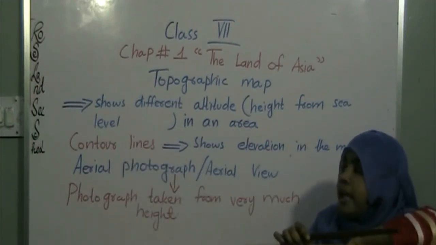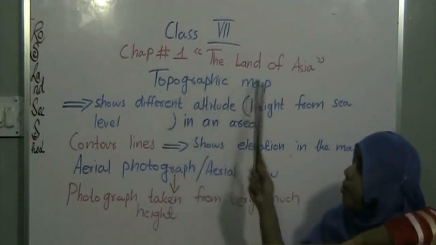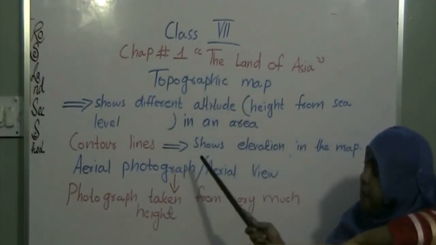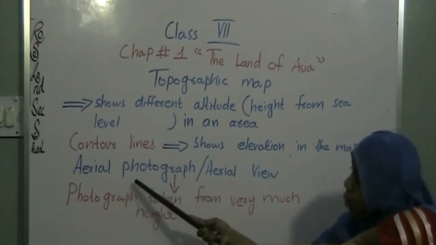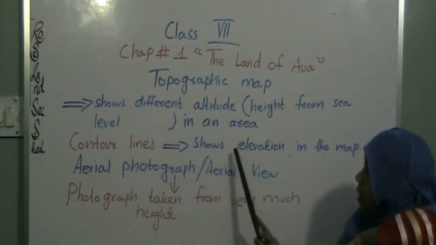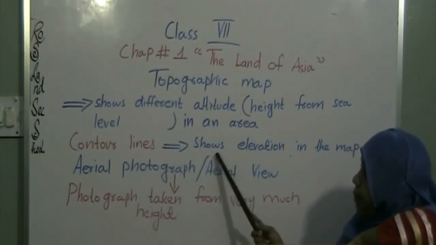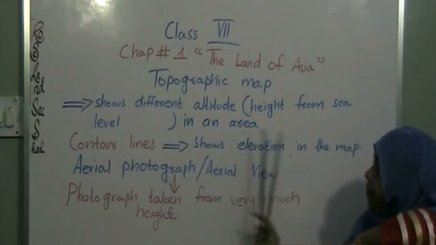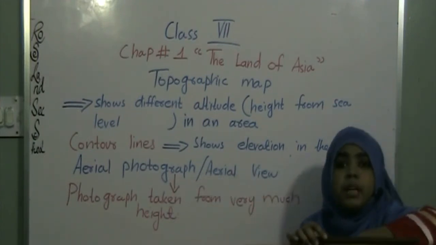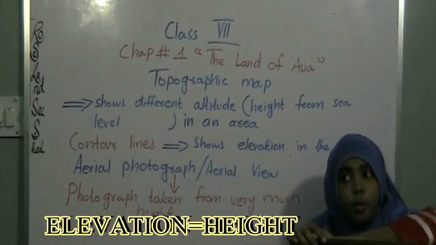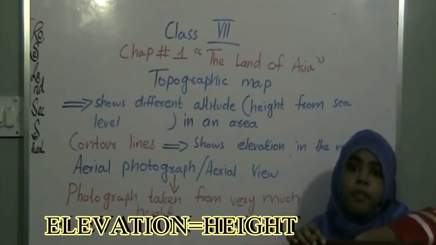Contour lines are based on topographic maps, and with the help of contour lines the topographic map shows elevation. It means the tool used by the topographic map to show different elevations is called contour lines.